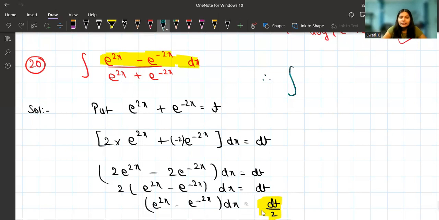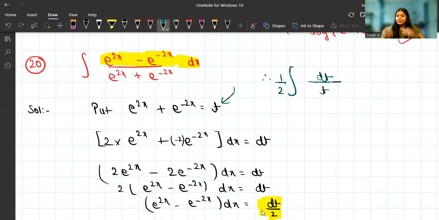I can write the 1 upon 2 outside, upon e raised to 2x plus e raised to minus 2x, which I have taken as t. So it is again t. See, we have reached almost the same step. So it is 1 upon 2 integration of 1 upon t, which is log mod t, and then plus the constant of integration.